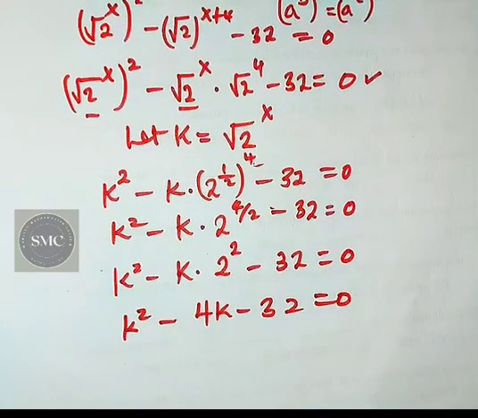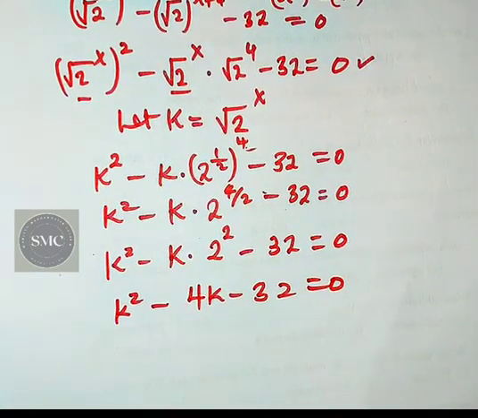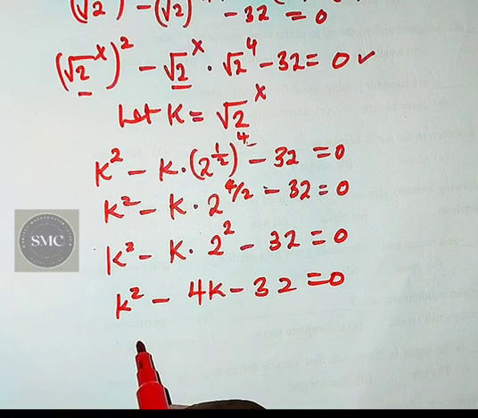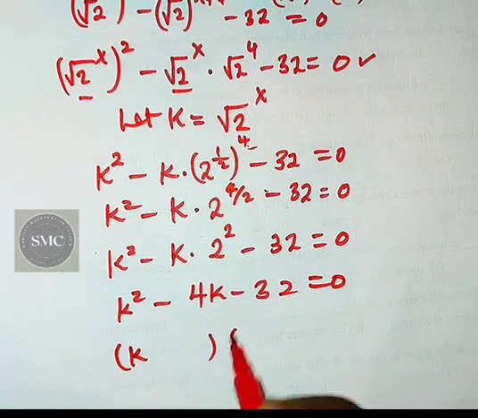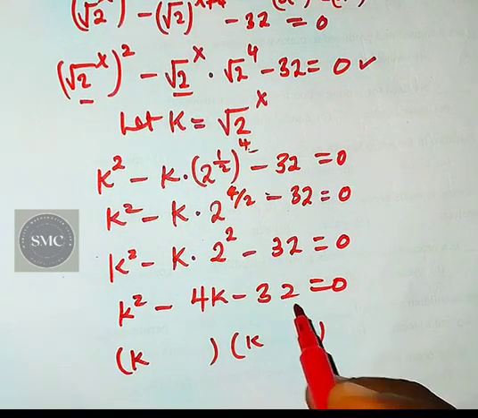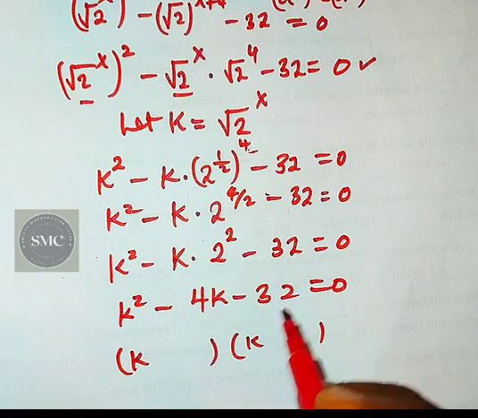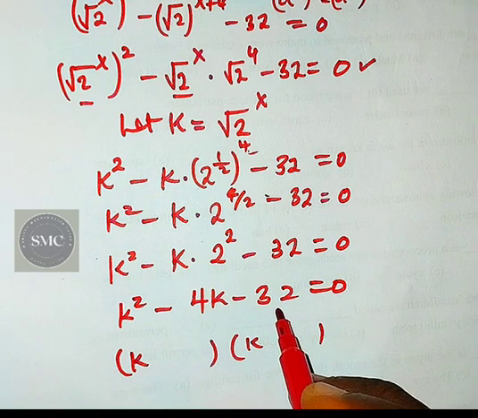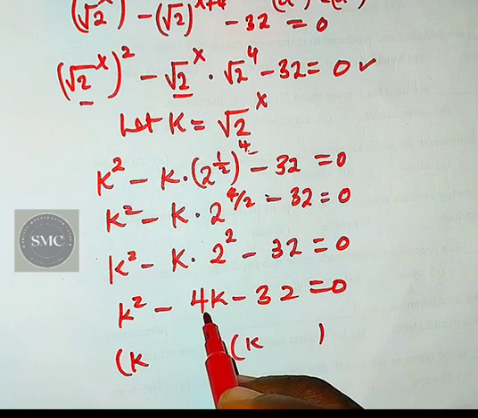So now having this quadratic equation, we are going to factorize it. We look for the factors of 32 that when we multiply them together we get minus 32, but when we add them we get minus 4.